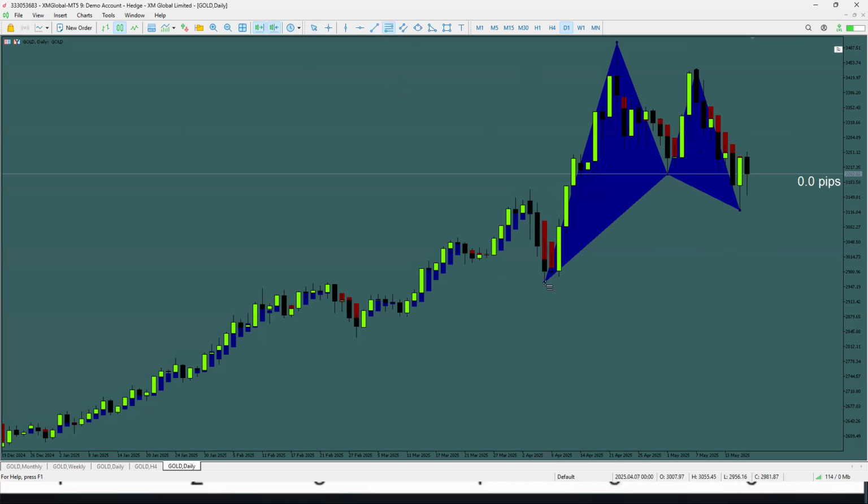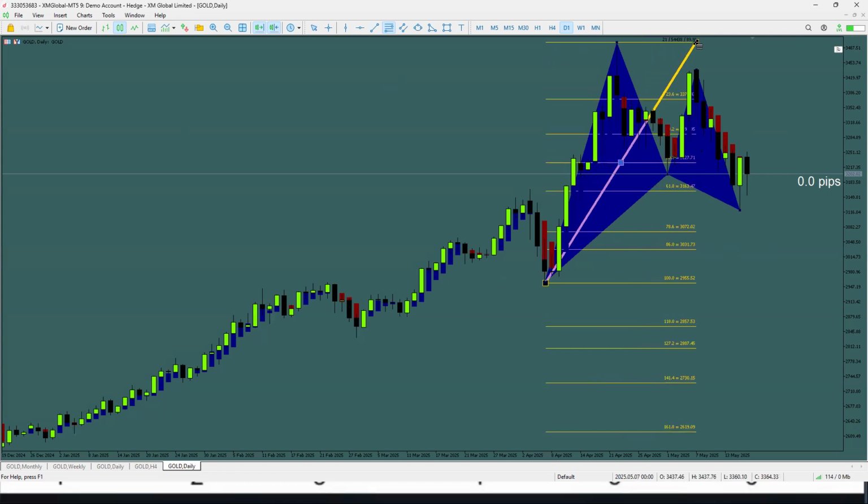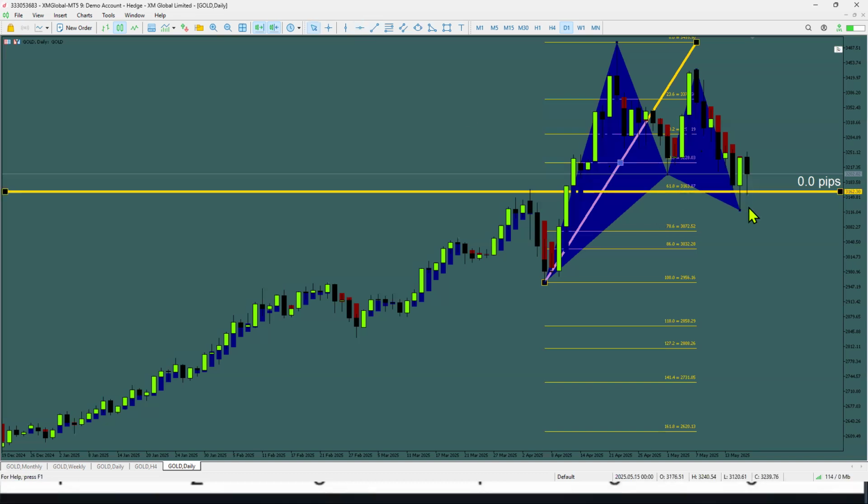So you can actually measure your pattern here and say your retracement came to 61.8. So you can see that the candle body did not break below the 61.8. You see, the candle body did not break below the 61.8. So you expect the market to buy to 161.8.